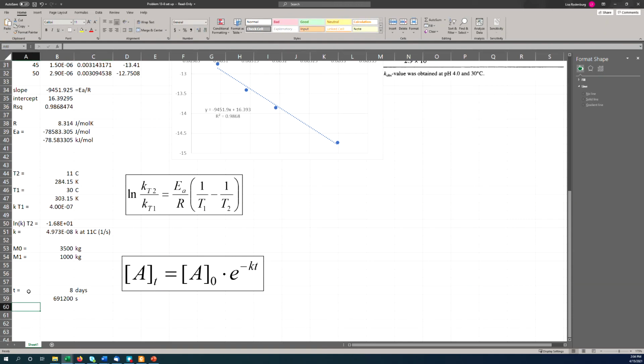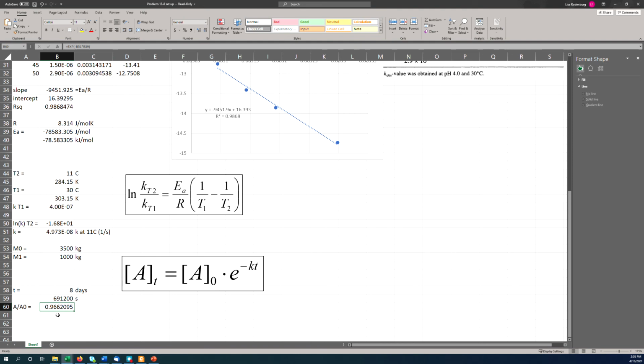Okay, so A over A naught would be equal to e to the minus kt equals exp minus k, which we've already set up here, times t, which is just above us there in seconds. Okay, so in other words, A over A naught is 0.966, meaning that 96.6% of our mass should be left.